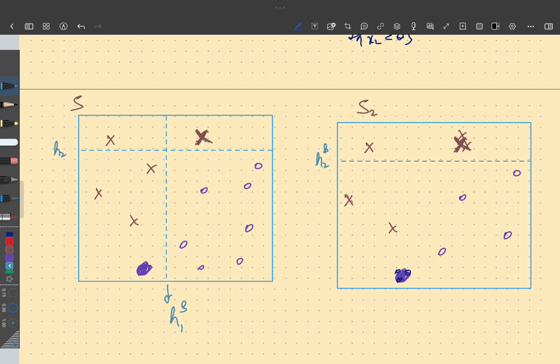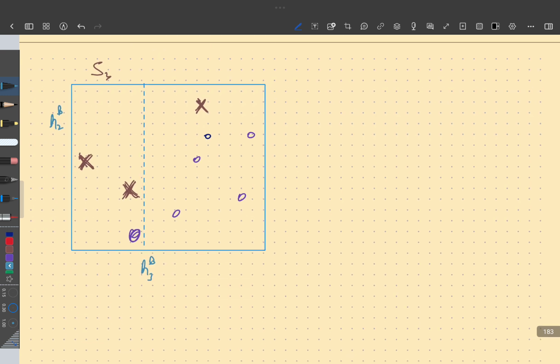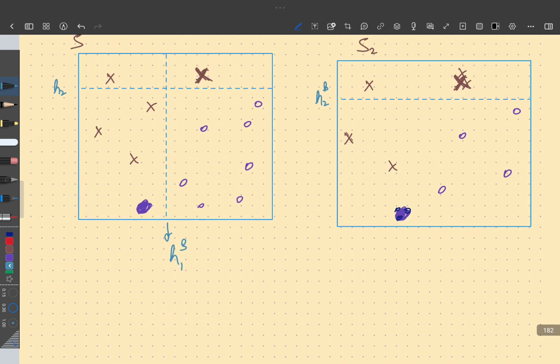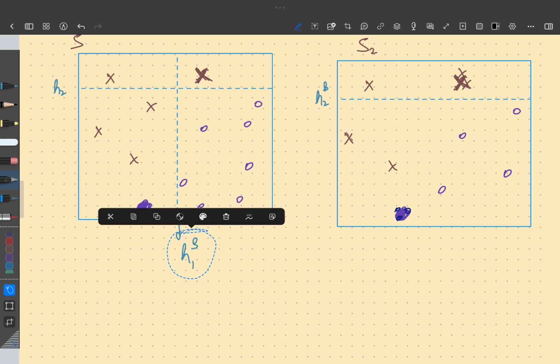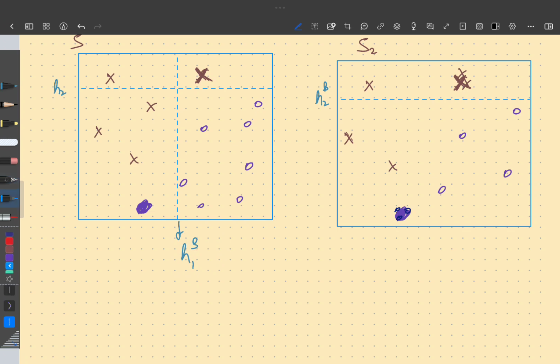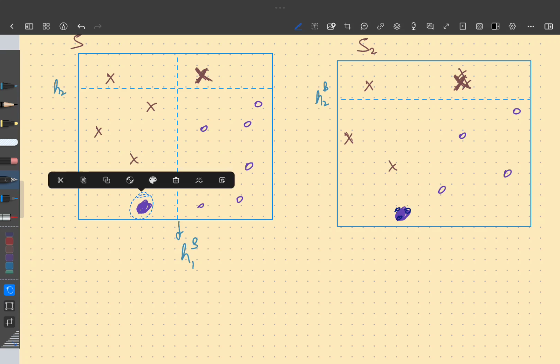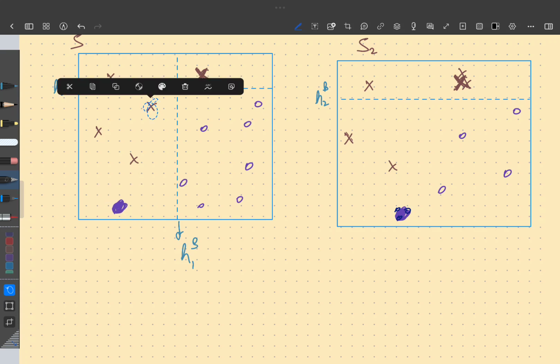And let's say maybe I want to move H1 a bit to the right, this a little bit to the left.